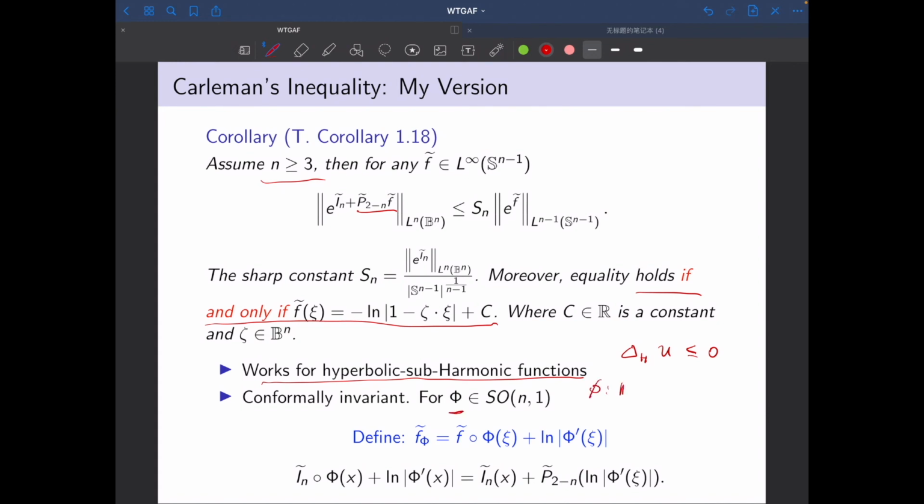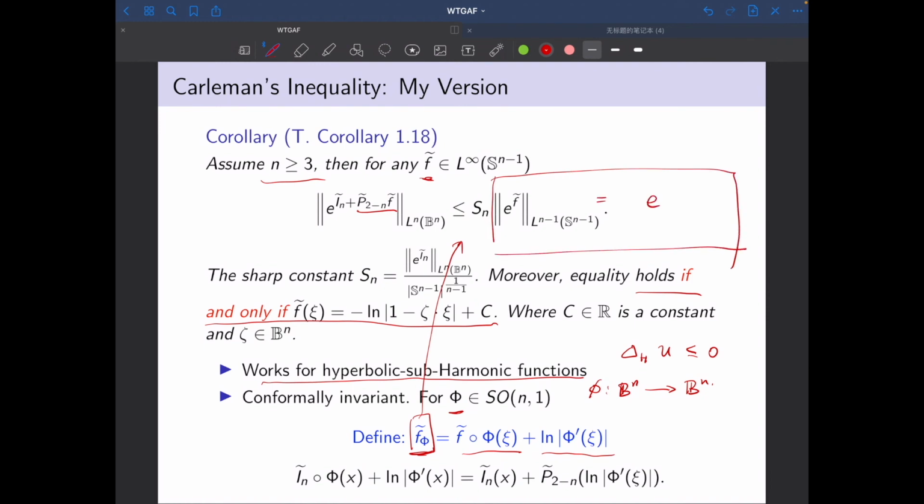And also this inequality will be conformally invariant, in the sense that if you consider any phi, which is a conformal transformation from the unit ball to itself, and if you originally look at a function f tilde, now you define a new function f tilde phi, which is f composite with phi plus natural log of the conformal factor of phi. And then if you plug in f tilde into the inequality, then on the right hand side you're going to get that this is going to be the same norm as e to the f tilde phi.